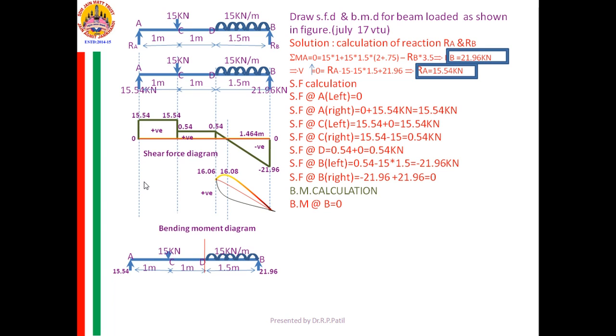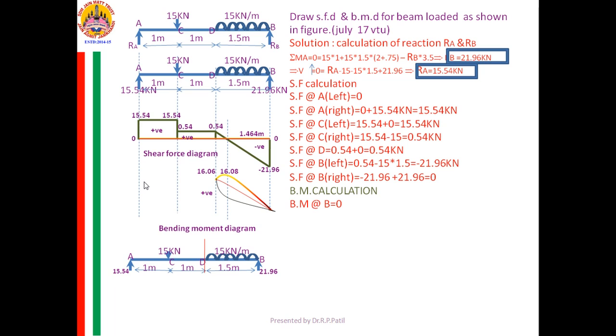Therefore, BM at that point: when you want the BM, you need to measure the distances from the point about which you are taking the moment. Here the point is D, you need to measure all the distances from D only. And you know, if it is upward, we are taking it as positive, otherwise negative. That is the sign convention for the bending moment, that is, sagging is positive, hogging is negative.